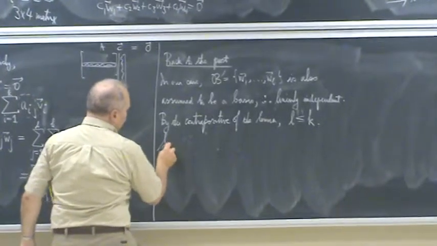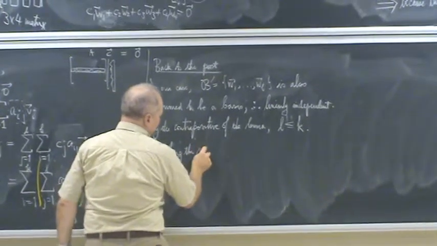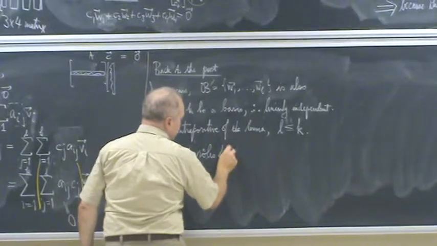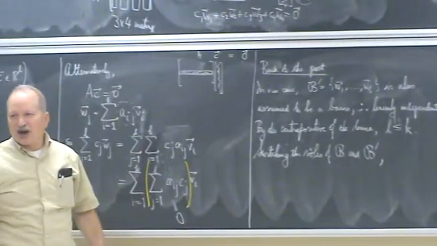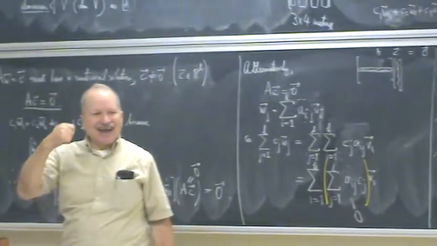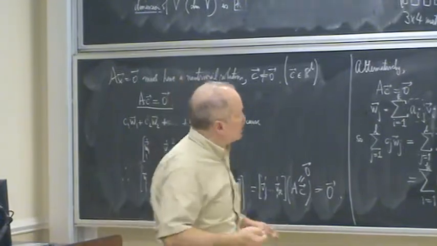So switching the roles of B and B prime, you now can assume the W's are known to be a basis, and the V's are some unknown vectors. What did we just prove then?